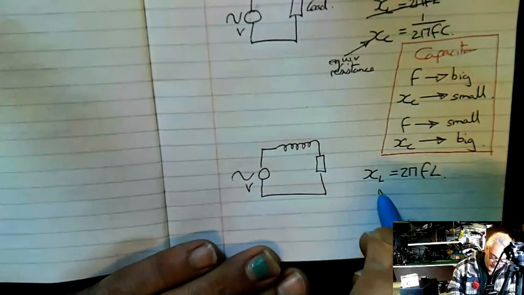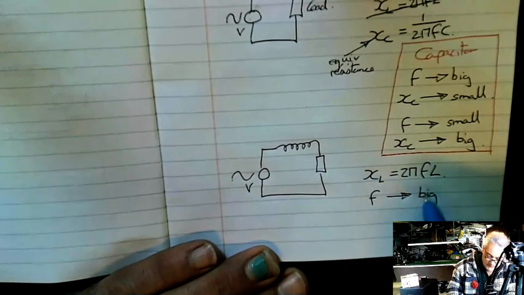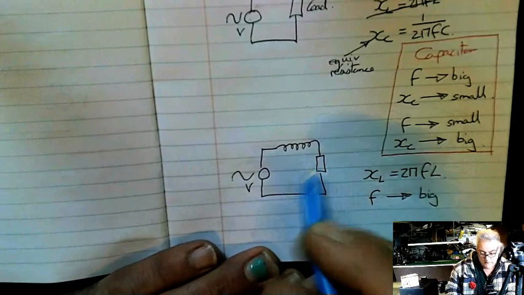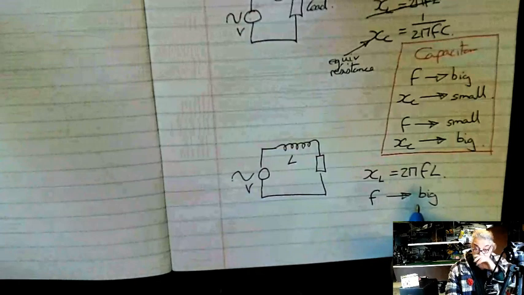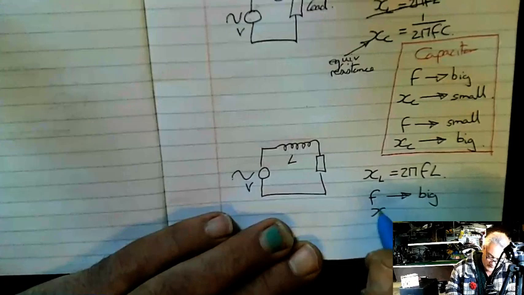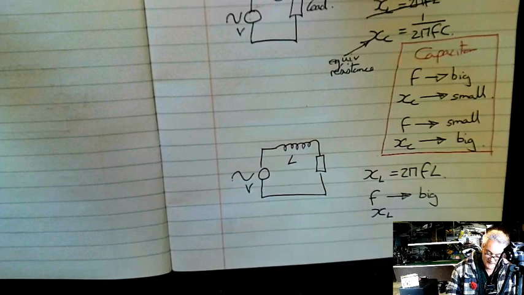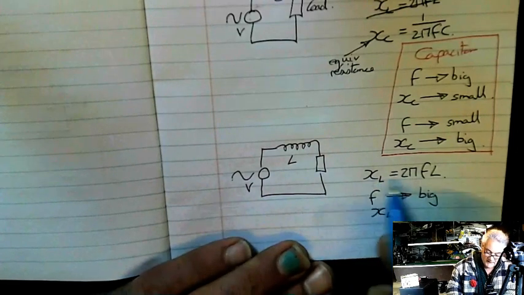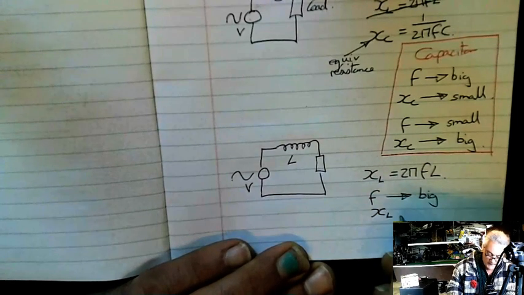What that means, as F gets big, remember 2 doesn't change, pi doesn't change, the value of the inductor doesn't change. For the same experiment I can change the inductor, but as F gets big, XL gets what? Well, XL gets big, because if F goes to a million, a billion or whatever, XL is big.